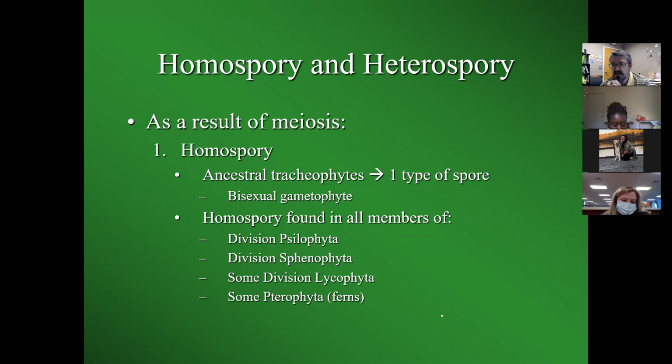Now something important, not necessarily fun to talk about, but it's extremely important. You want to make sure you get this. If you want to star this, highlight this, write this as a note on your forehead, whatever you need to do, we've got to make sure you get homospory and heterospory and understand how it works. Okay, homospory.